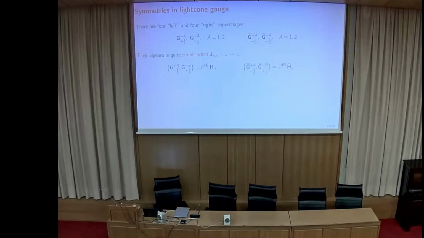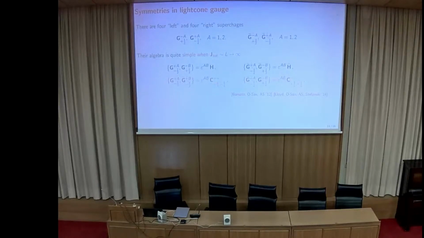On the left and on the right, everything is factorized. And what is very surprising if you have not studied the AdS5 integrability story, and not surprising otherwise, is that this algebra gets an extension. So now you get an anticommutator between left and right supercharges, so the ones without the tilde and the ones with the tilde, which is something new.